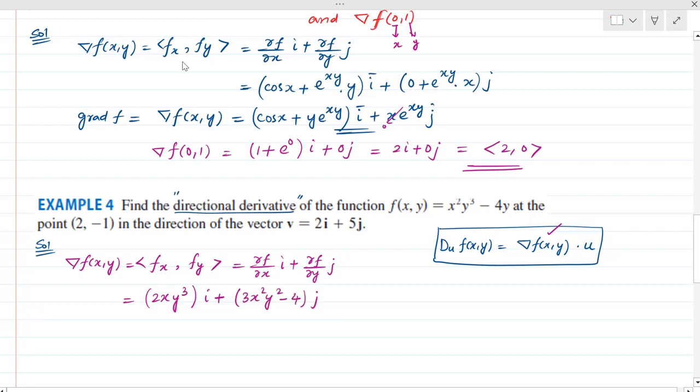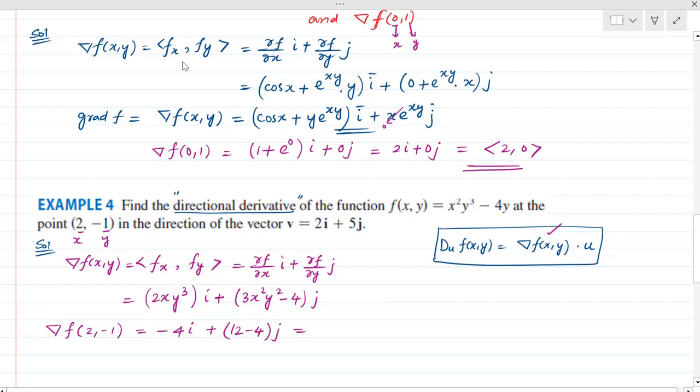Now I have to find this gradient vector at the point. So you will find del f of 2 comma minus 1, given by substituting the value: it is minus 4i. I replace the x and y values here. Then plus, if you substitute here, 2 square is 4, 4 into 3 is 12, times minus 1 square, which is positive, so 12 minus 4, into the j vector.